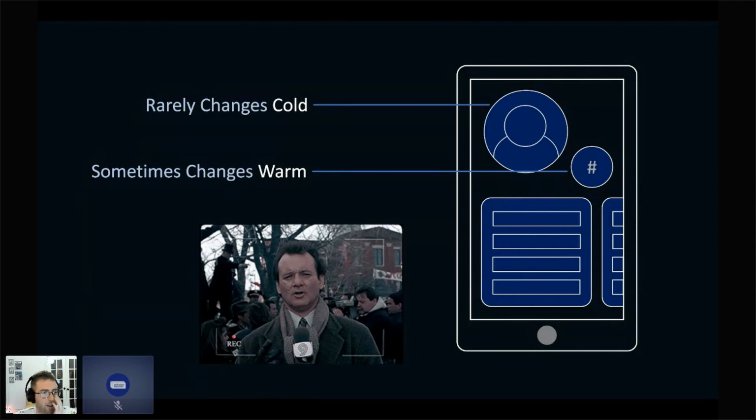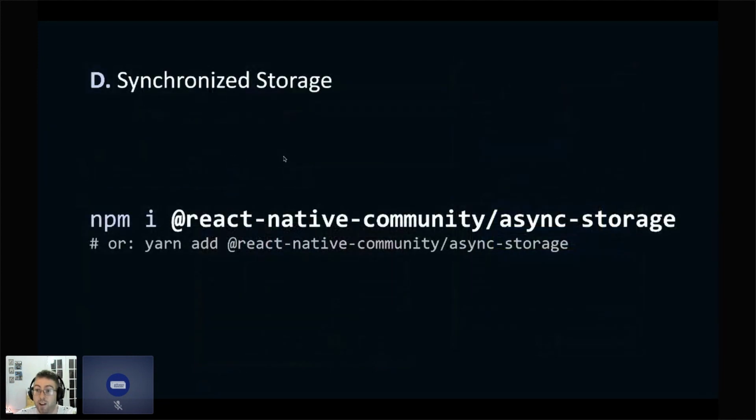It would be really nice if there would be some kind of way for us to persist the data locally between sessions. Now, fortunately, this app idea already exists. Someone actually wrote this. There is a great synchronized storage plugin, React Native Community/async storage, which you can install on NPM or Yarn or whatever your favorite package manager is.